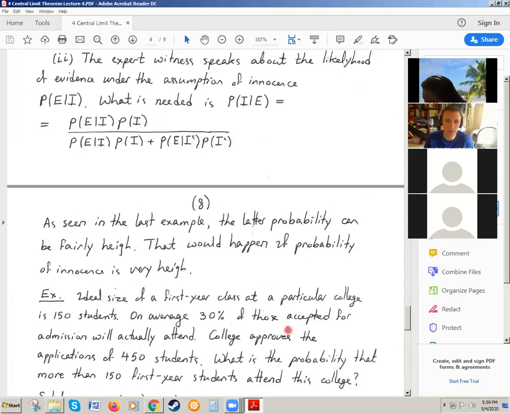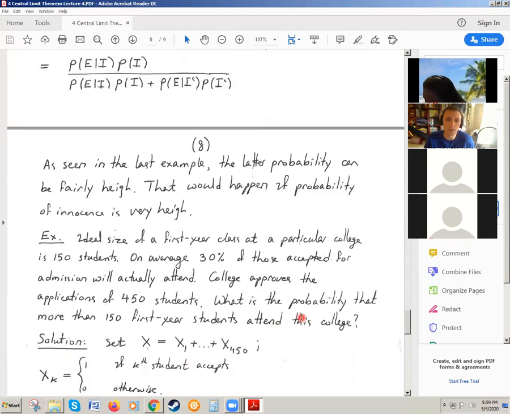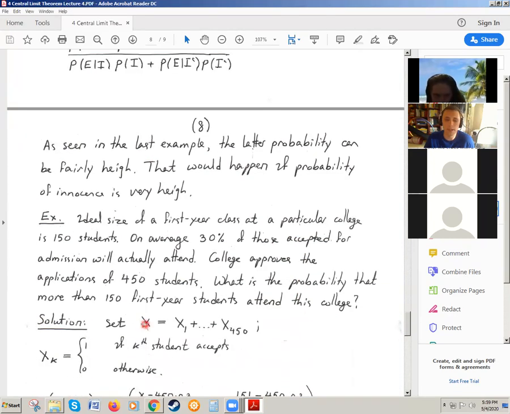We still have a bunch of things to cover, so let's work through this problem. So here is what happens. X is the sum of the random variables x1 through x450 for each individual student that accepts or rejects the application. And xk will equal 1 if the application is accepted by the student and 0 if rejected.